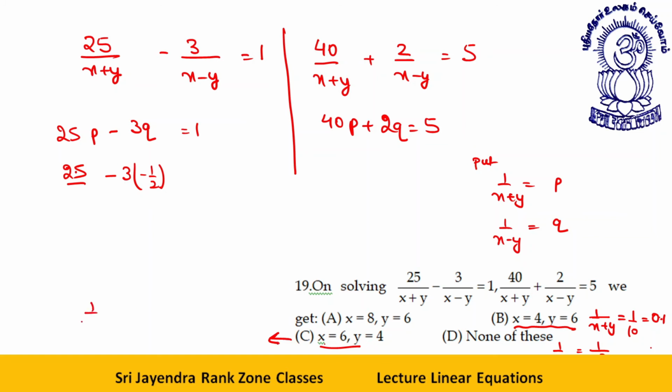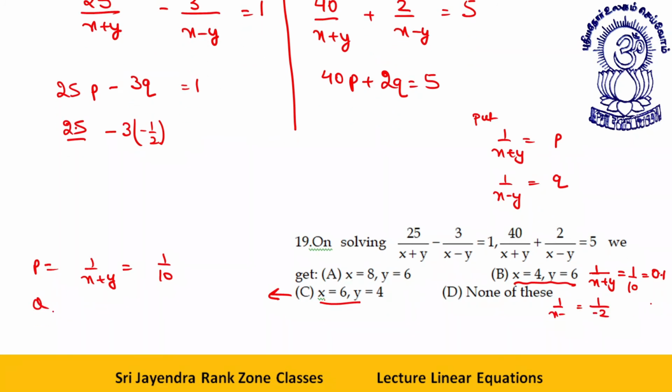Why? Now 1 by x plus y is again 1 by 10, and q will be 1 by x minus y, that is 1 by 6 minus 4, or half, 0.5. This option is not satisfied, I'm cancelling this.